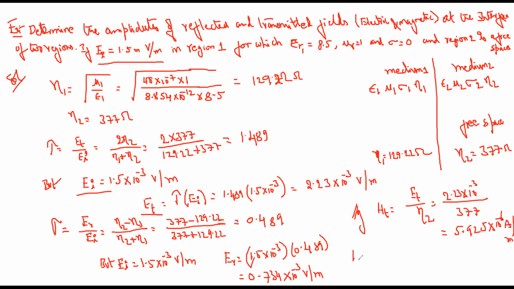Similarly for HR. If ER is positive here, HR is negative: HR is equal to ER by minus eta 1.